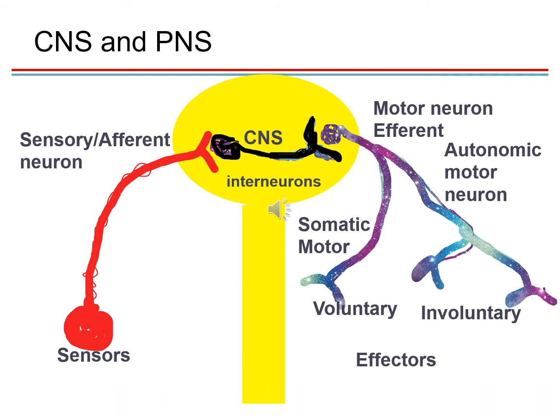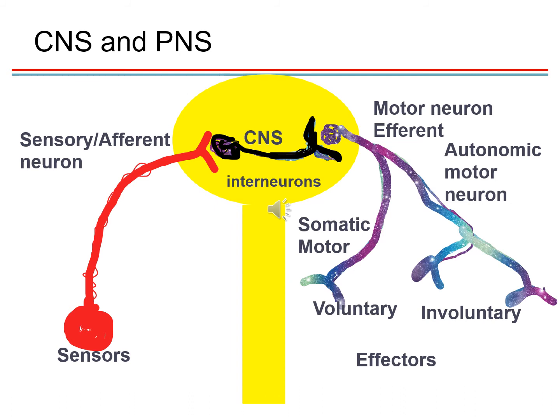Interneurons are always in the central nervous system. They cannot leave the central nervous system. Therefore, they need a kind of messenger, and the messenger is the motor neuron. The motor neuron takes the order and reaches the effectors in order to adjust the value and bring it back to normal.